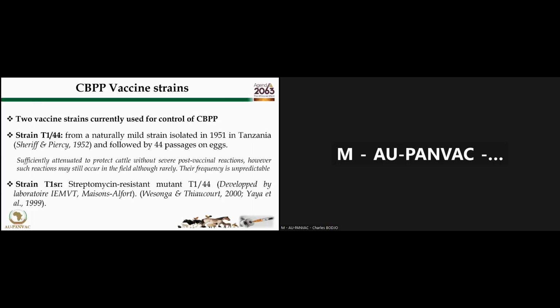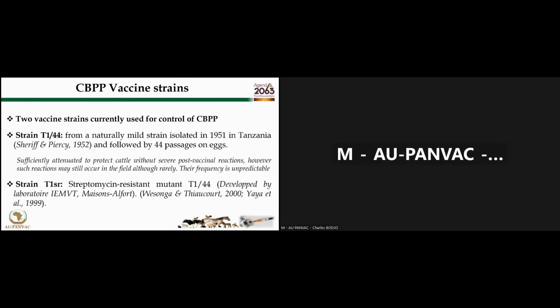Now, currently there are two strains of CBPP vaccine which we are using. The first one is T144, a strain coming from Tanzania, which has undergone 44 passages on eggs.